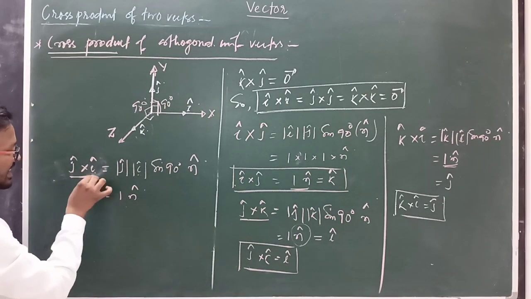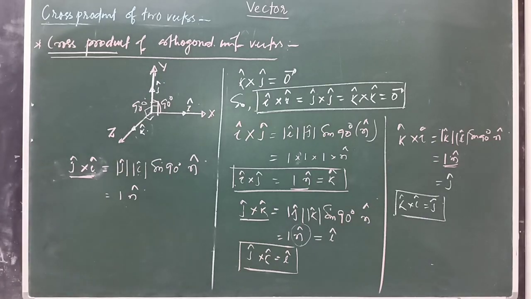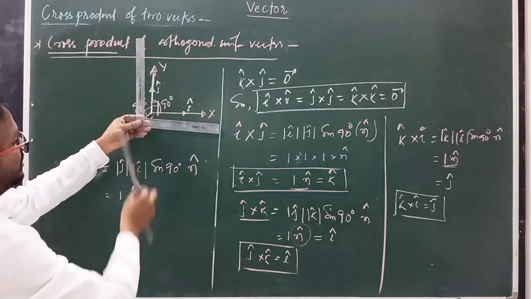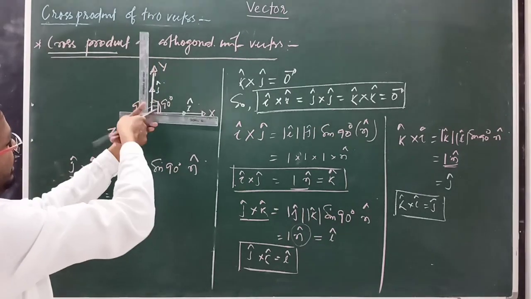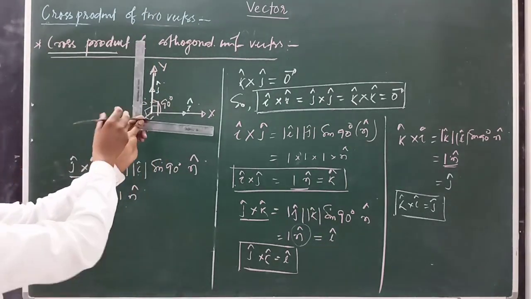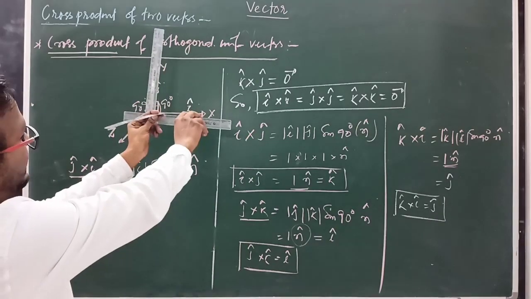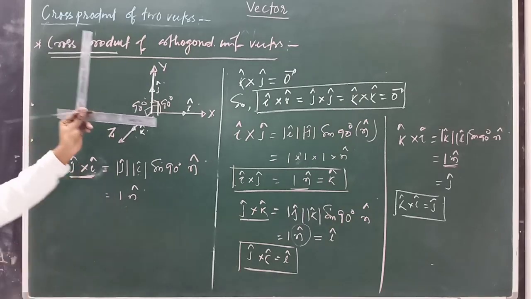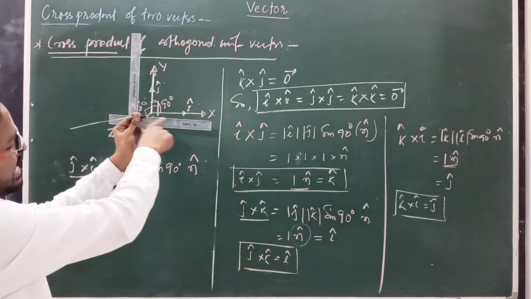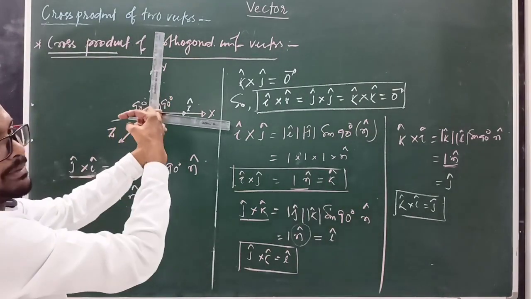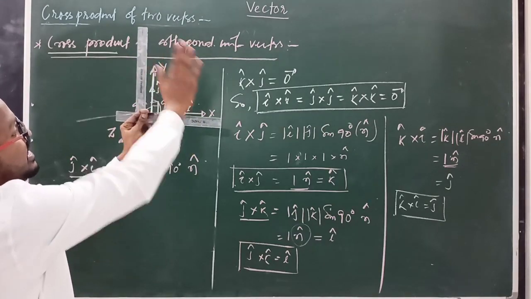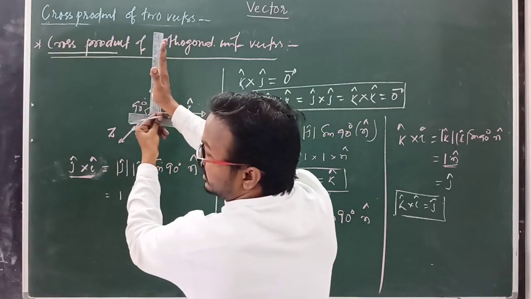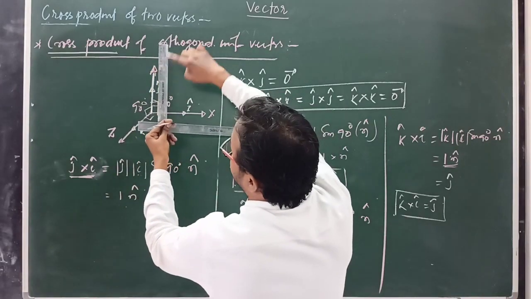Now we have to find the direction of j cap. So in this case, suppose this is the x axis and here the y axis and this is the z axis. Three axes are mutually perpendicular to each other. Clear? So in this case j cross i cap, j cap and k cap is here. j cross i means this plane, but you have to place first this direction, means j cap to i cap.